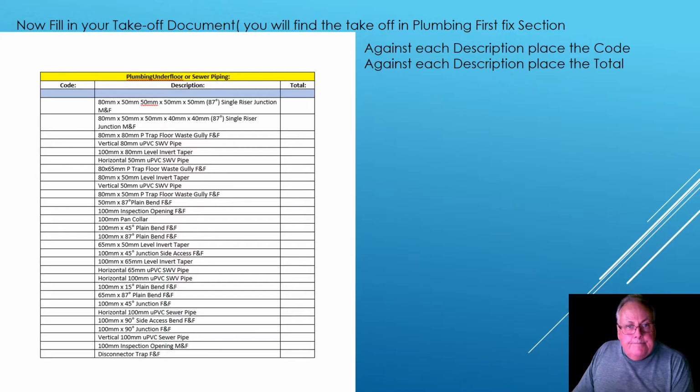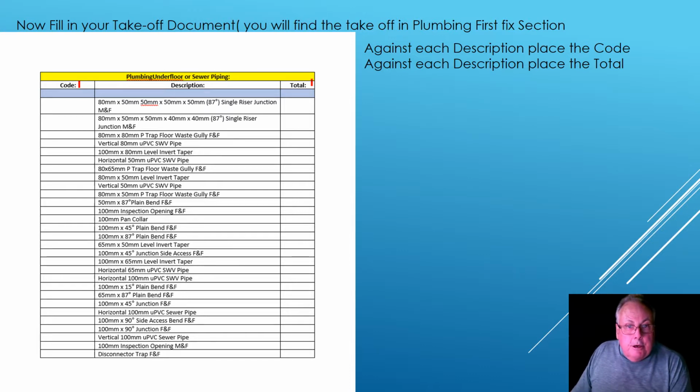Slide 7. Okay, here's our takeoff document. What I've done is I've stripped out the codes down here, and I've also stripped out the totals. So all you need to do is first of all have a look at the 80 by 50 by 50 by 50 single riser junction and put in here the number and also what the code is.